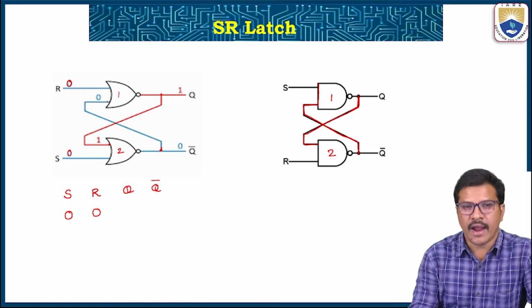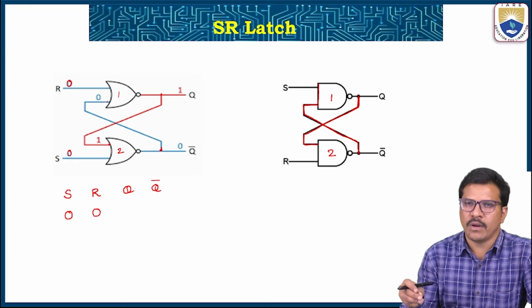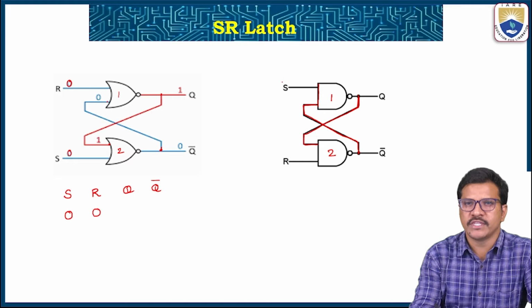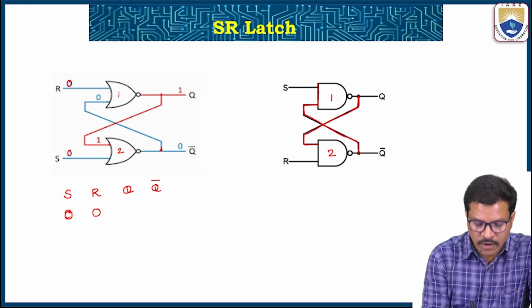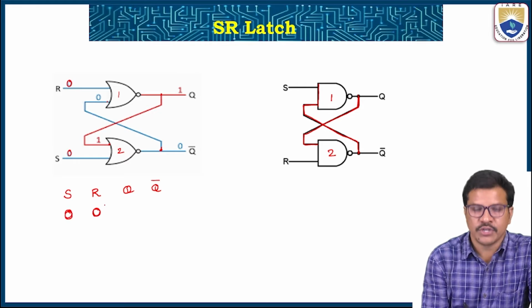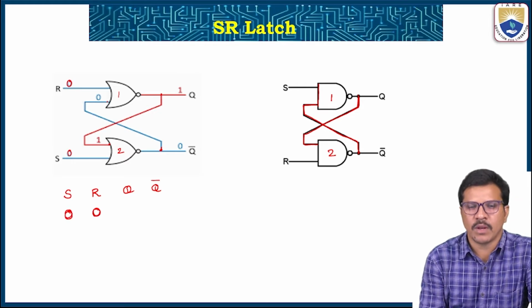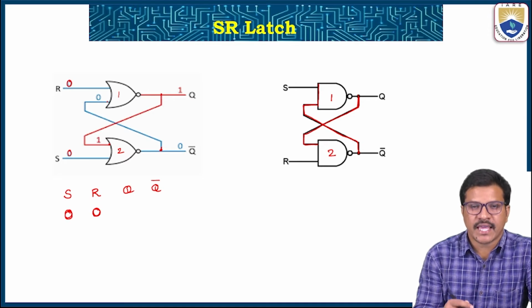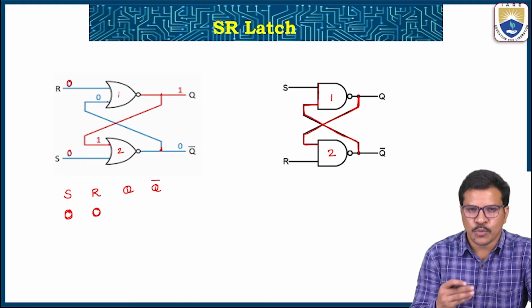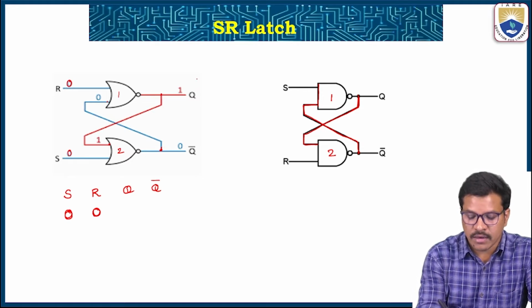Whereas NAND gates are logic 0 enabled: whenever any one input is 0, it will automatically enable. Likewise here in the NOR gate, when S is 0 and R is 0, we can't say what will be the output.